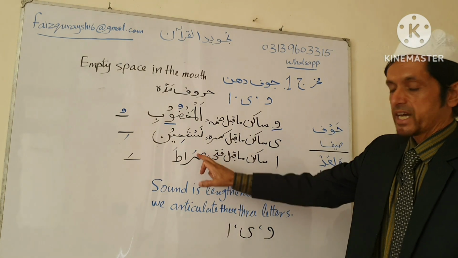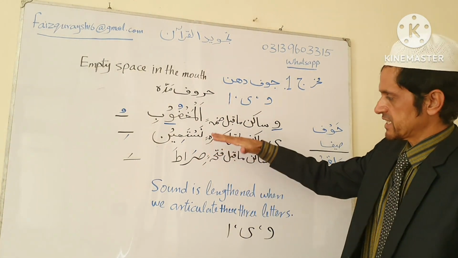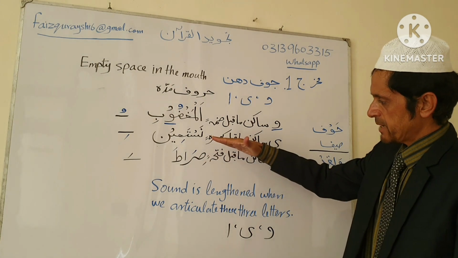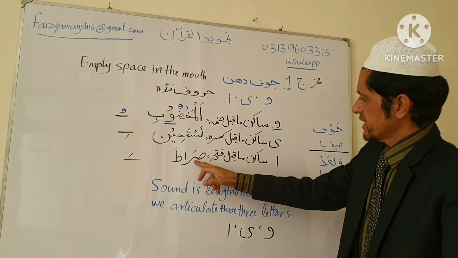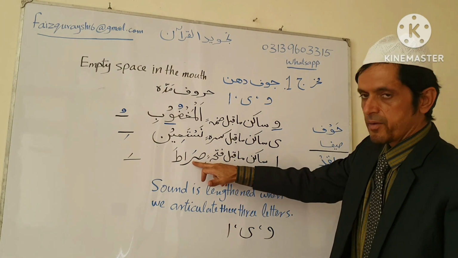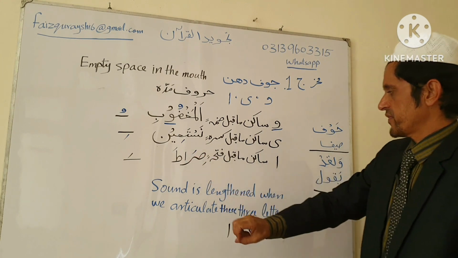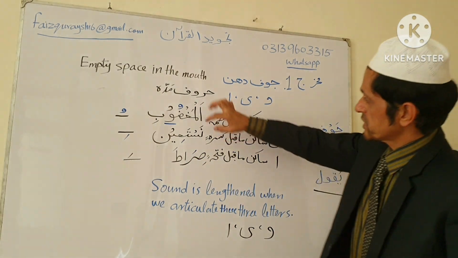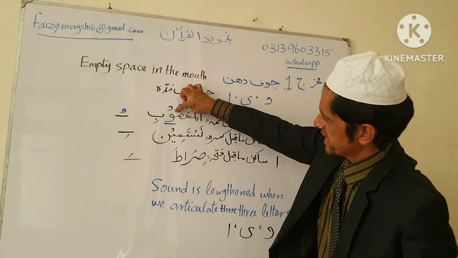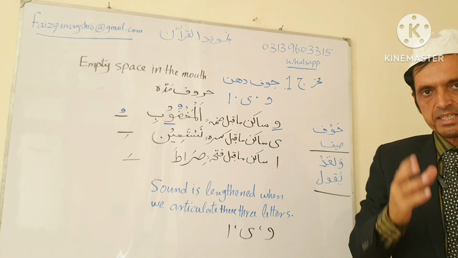This is called fatha. As I told you, when this symbol comes above the letter, that is called fatha. When it comes under the letter, that is called kasra. Here it is above ra. So this is fatha, and this is before alif, and this alif is sakin. But keep in mind, this is the symbol of sakin, this is sukun, but alif is sakin.